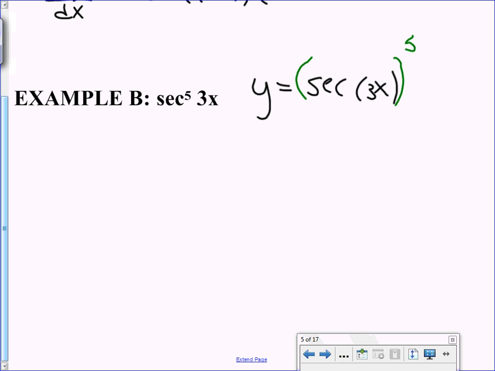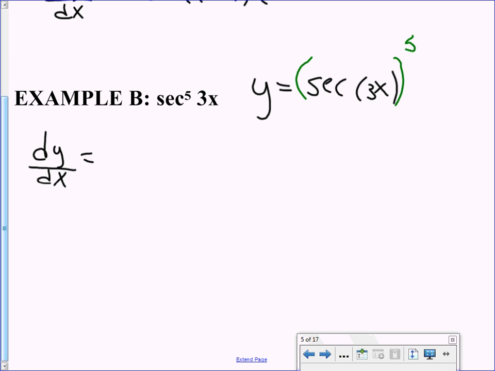Differentiate using the chain rule. You take the derivative of one layer at a time, starting with the outermost function. It's like peeling an onion one layer at a time. And when you take the derivative of a layer, leave its inside function alone. So the outermost function is the fifth power.